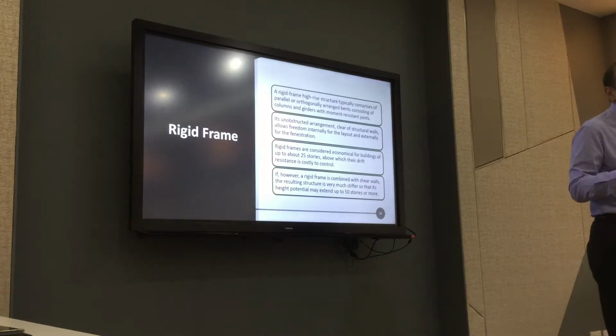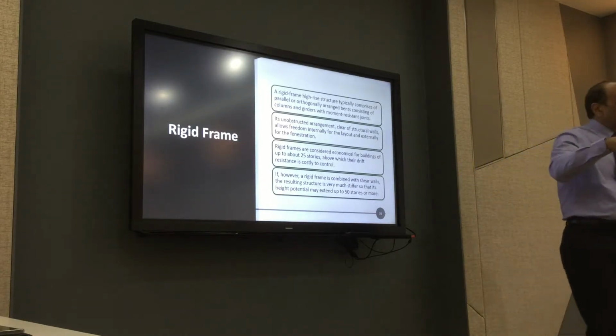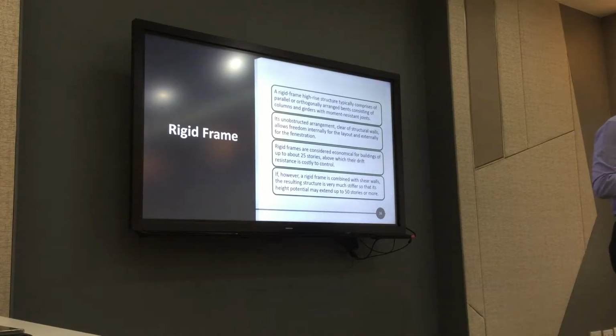So we're looking into this particular provision in the code, because the code requires that if the building is taller than a certain height, then you must have 25% of the forces resisted by frame. But in a tall building, that is not practical, not possible, because in tall buildings we have very few columns, mostly it's core walls, as you have seen. So those columns and frames cannot be capable of resisting 25% of the force. It's not possible.